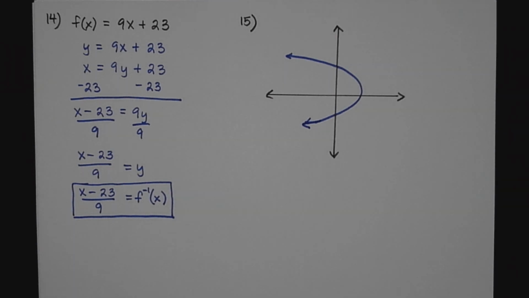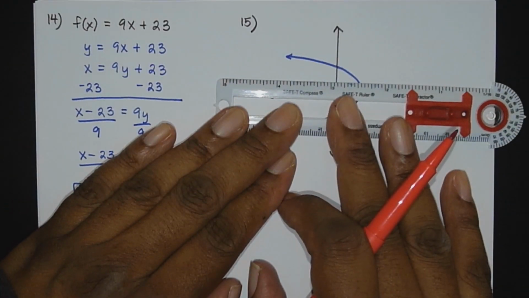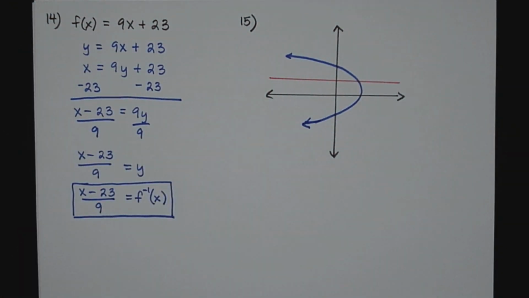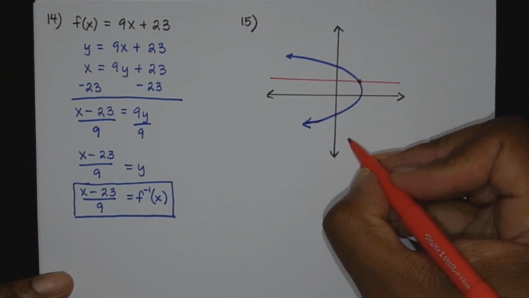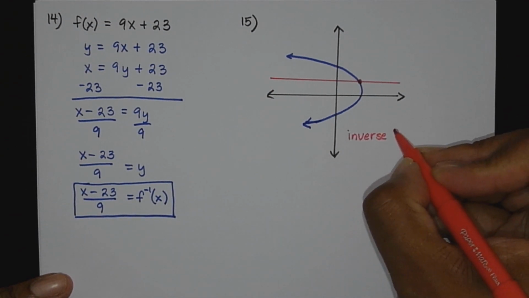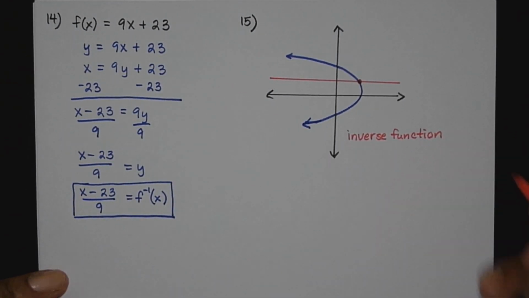Some people draw a vertical line to determine whether or not it has an inverse. It says use the horizontal line test. So, would this have an inverse? Yes, it would, because that horizontal line is crossing the graph in only one place. So this has an inverse function.